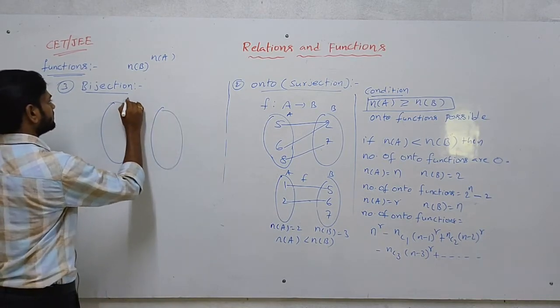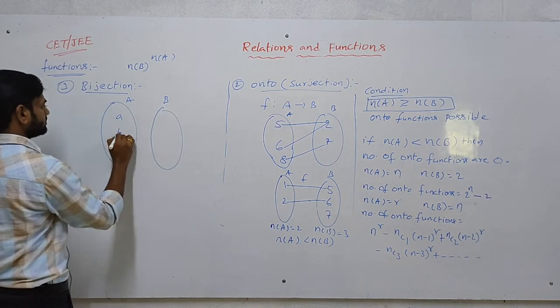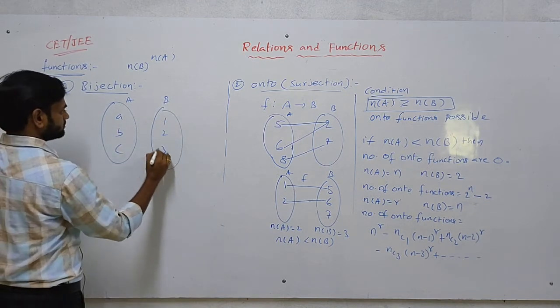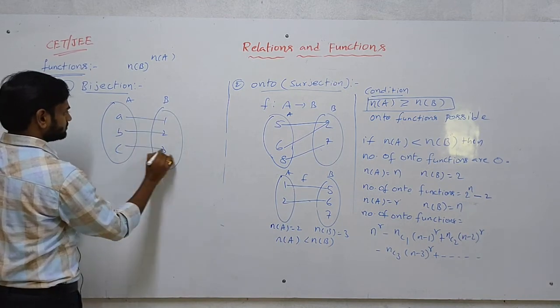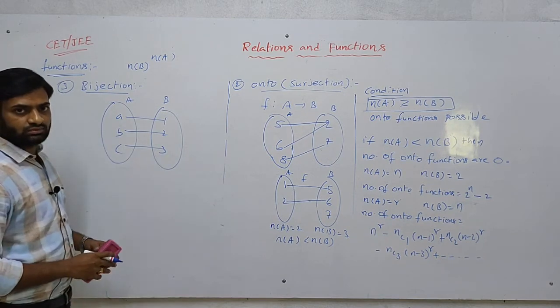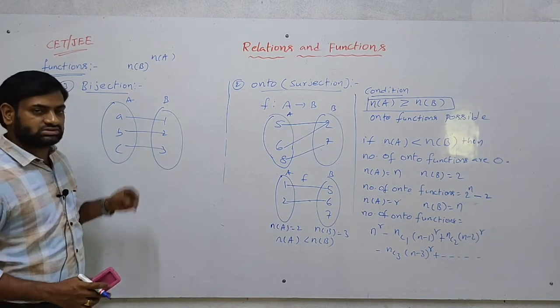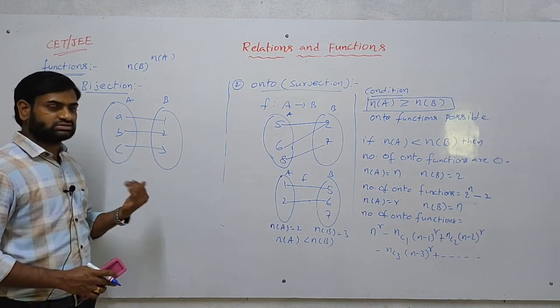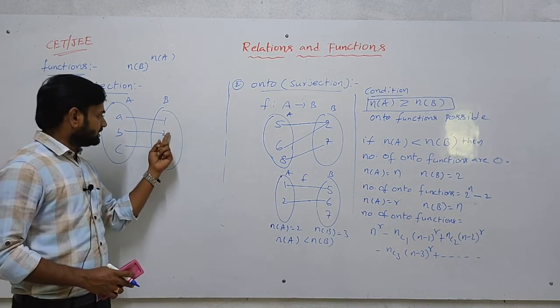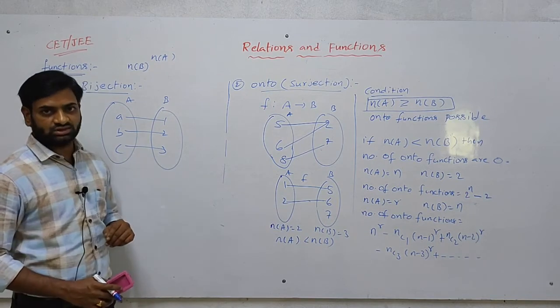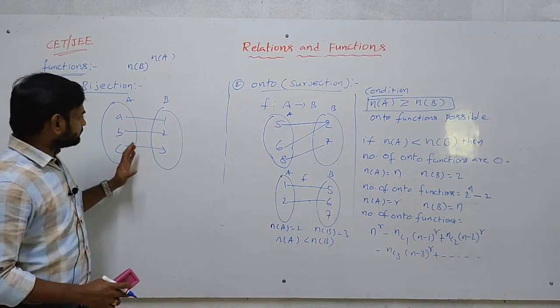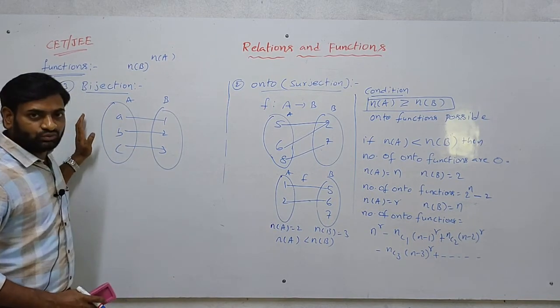Example: A, B. Is it one-one? Yes, different elements have different images. Is it onto? Yes, every element of B is in the mapping. So when it is one-one and onto, it is bijective.